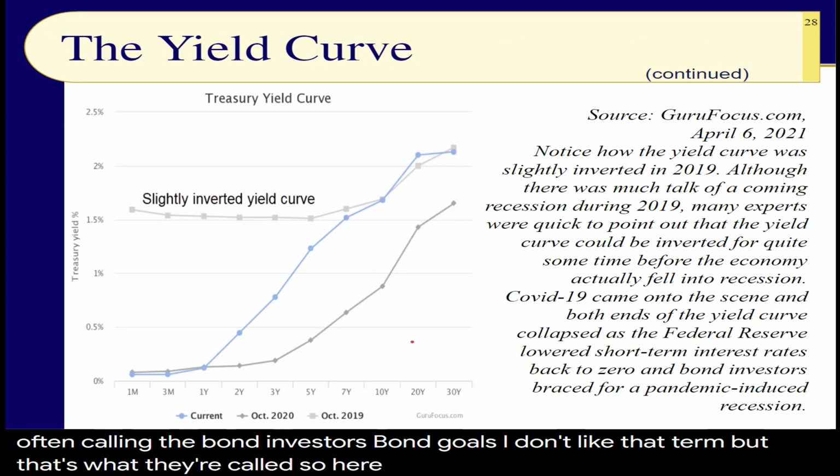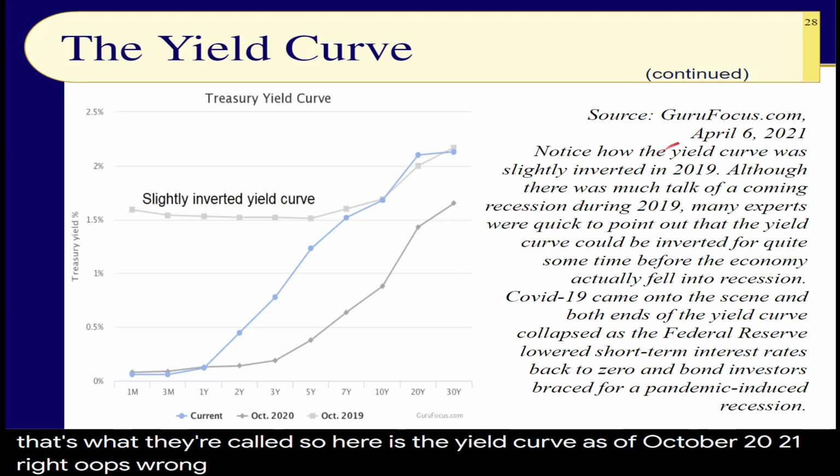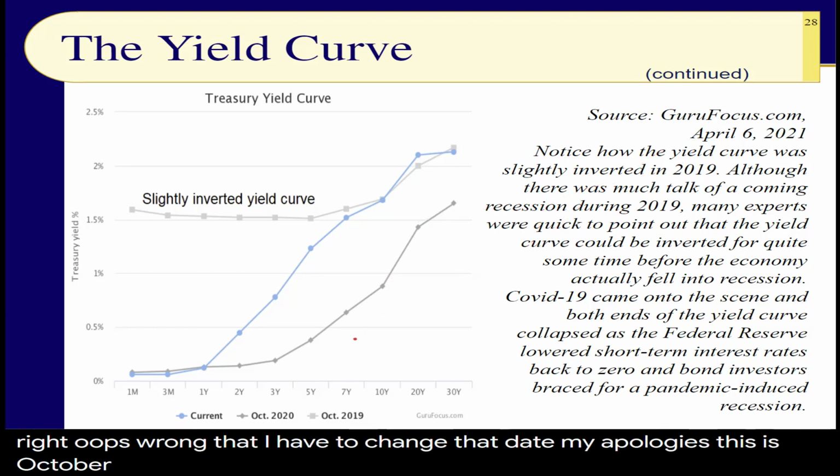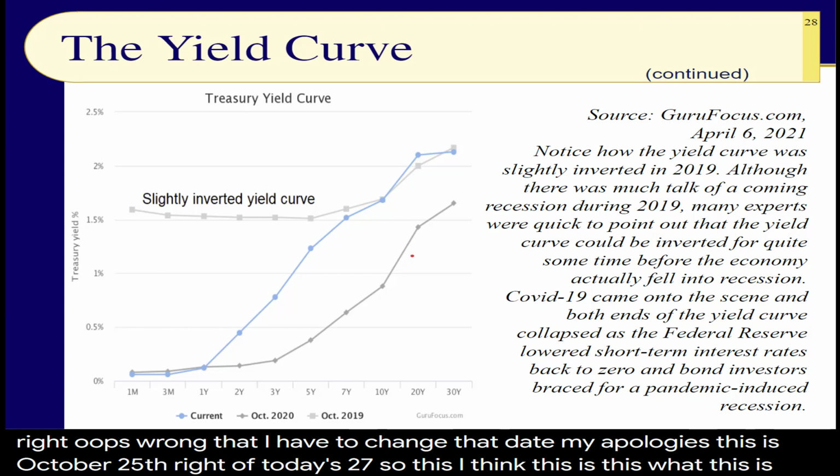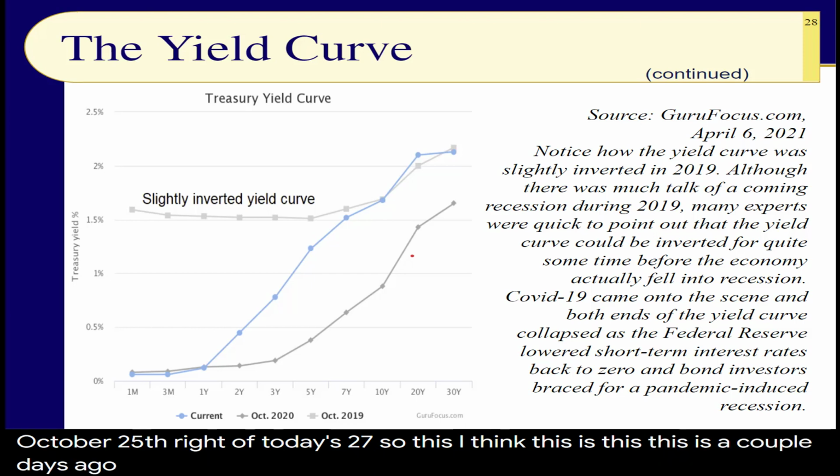So here is the yield curve as of October 2021, right? Oops, wrong. I have to change that date. My apologies. This is October 25th, right? Today's the 27th, so I think this is a couple days ago. Here's the Treasury yield curve.